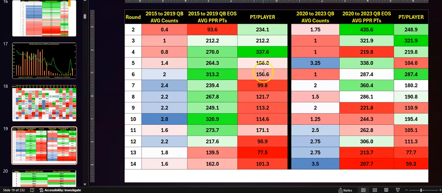And if you actually look at the points per player average, in the old days, the best was round 4. But boy, after that, round 7 and later, it was not good for overall average, right?